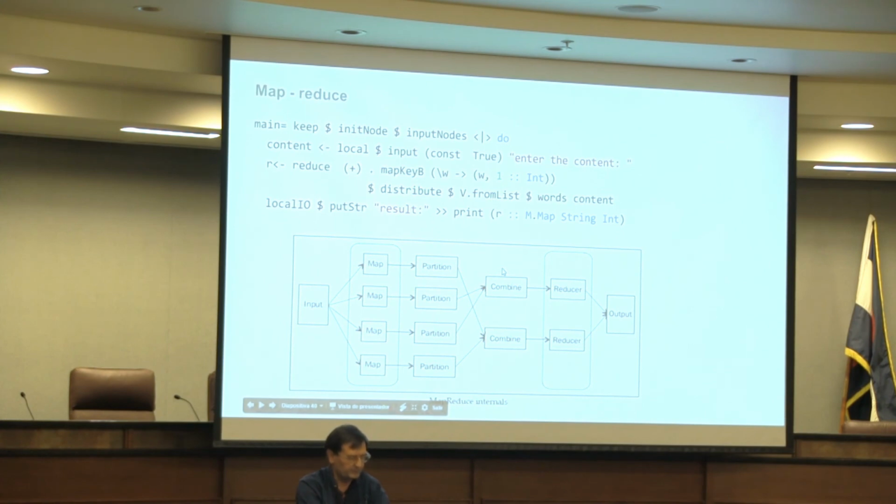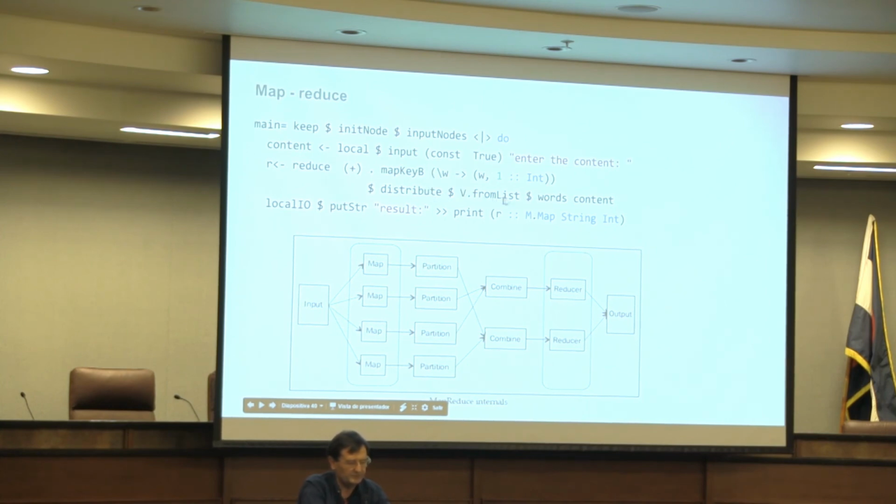I don't have time to detail, but this is one example that counts the number of words of a text, and we use the input primitive to enter a content.